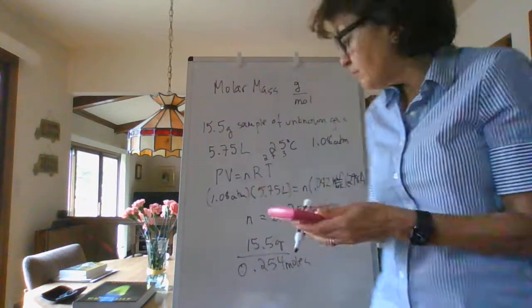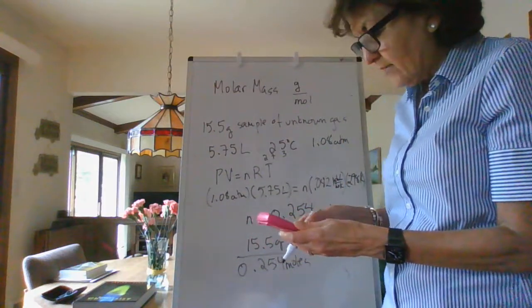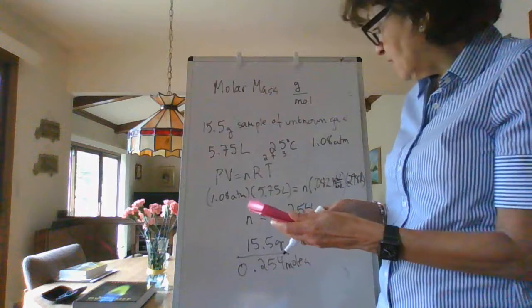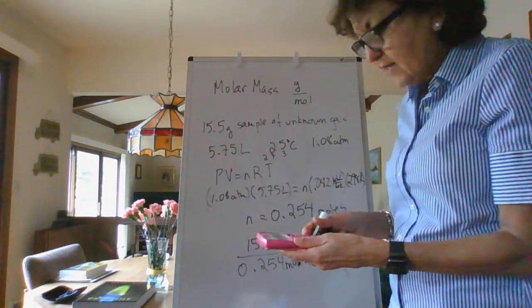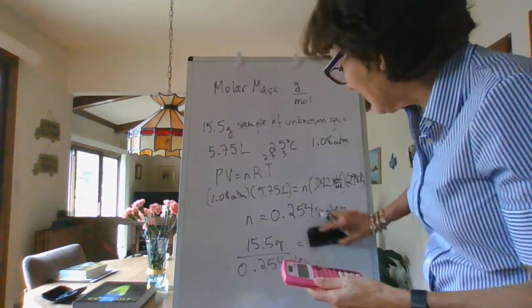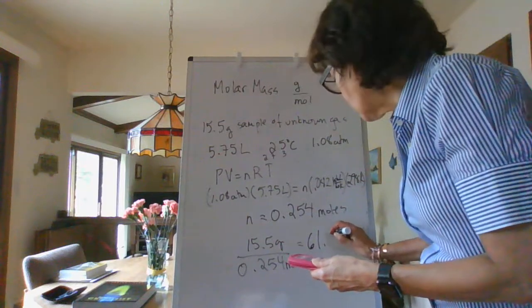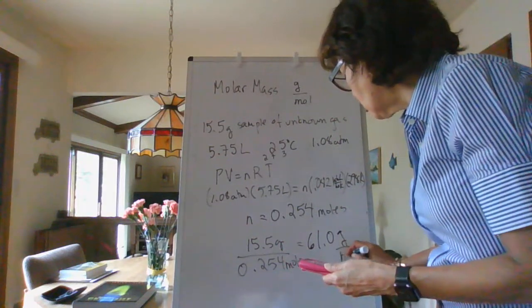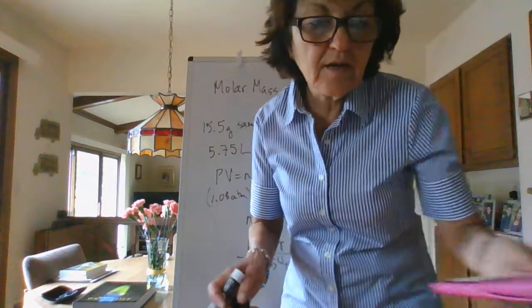Okay, so plugging it in, 15.5 divided by 0.254, and you get 61.0 grams per mole. And that would be the molar mass of the unknown gas.